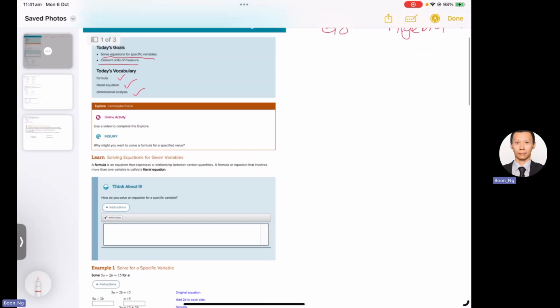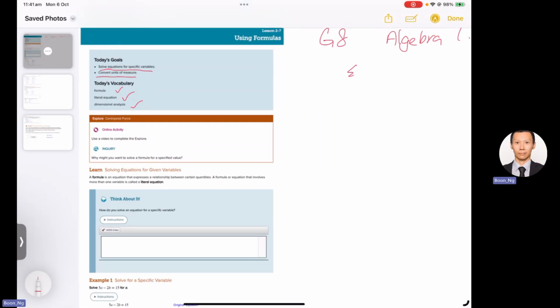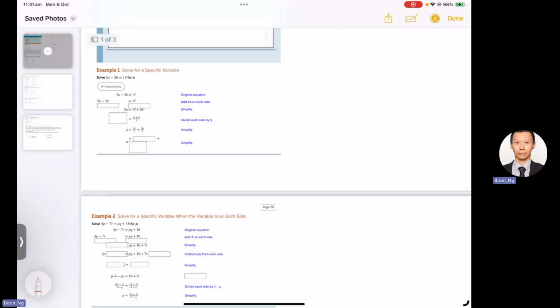We will go through, for example, examples 1, 2, 3, 5, and 7 from the review textbook from McGraw Hill. Let's get started.